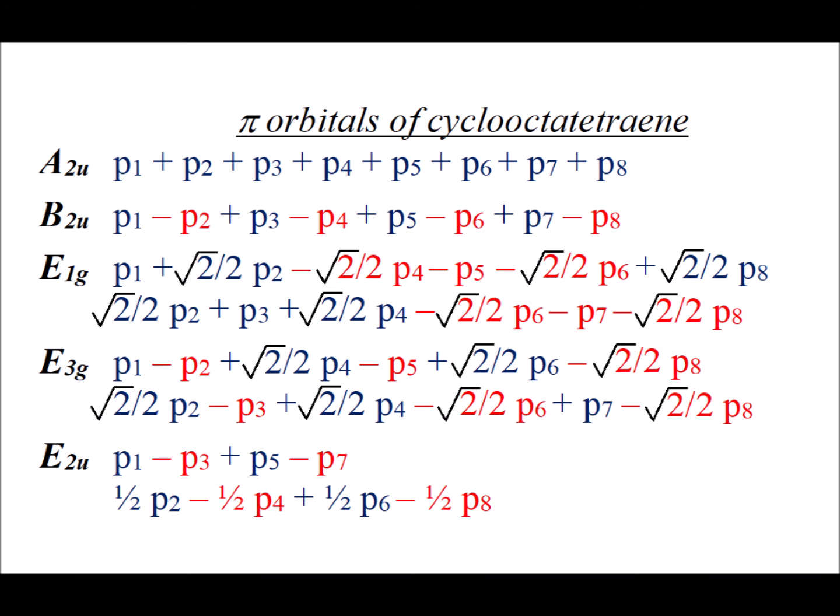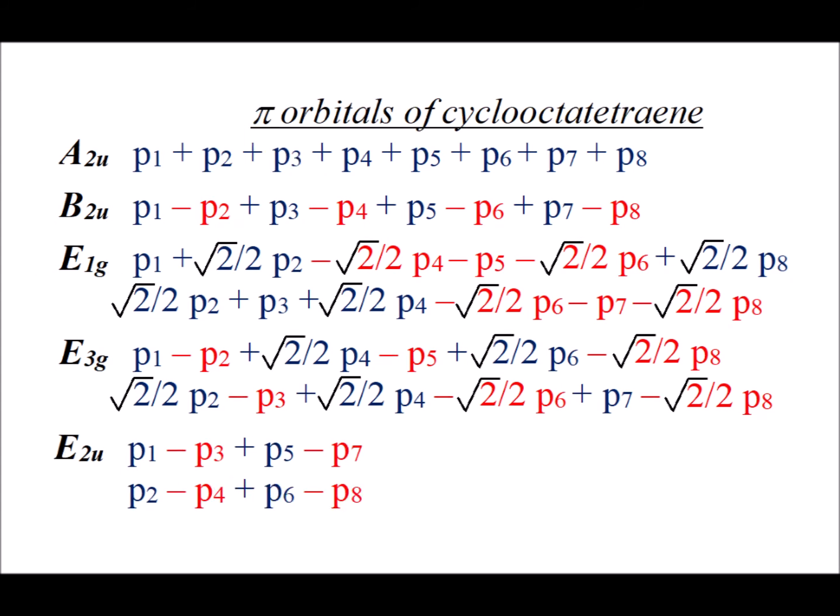We've also gone to the effort of changing color when we go from a positive phase to a negative phase, because an important factor in predicting the energies of these orbitals is the number of nodes in the orbital. Notice that these molecular orbitals have not been normalized just to save the amount of clutter on the slides.